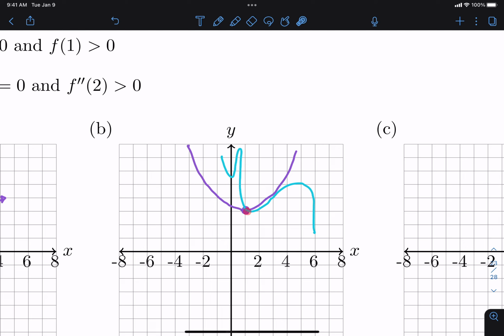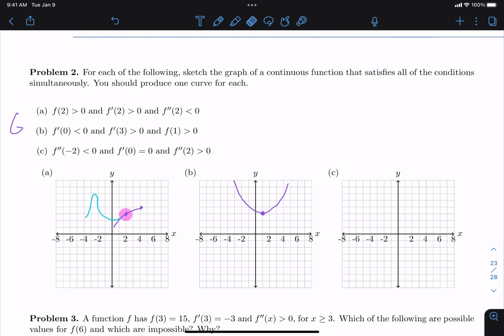When the x value is 0, they're going down. And when the x value is 3, they're going up. Those are the three criteria which we have to satisfy here. Any questions on that one? Okay, then let's talk about the last one.